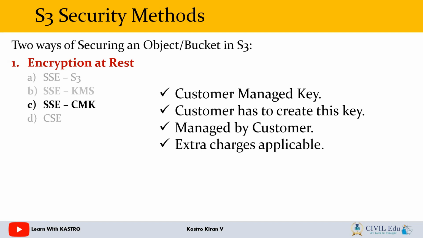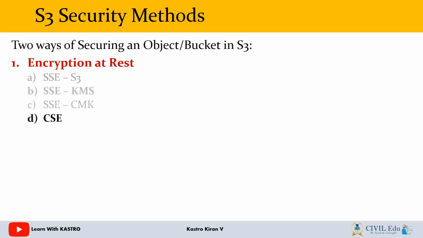And the fourth category is known as customer side encryption or client side encryption. As the name itself tells, here customer has to encrypt the key, customer has to decrypt the key. That means whatever data that you are going to upload into the S3 bucket, if you upload the encrypted data, AWS will store only encrypted data.